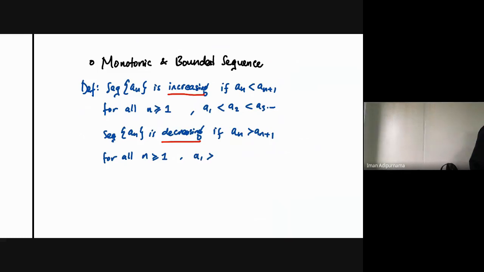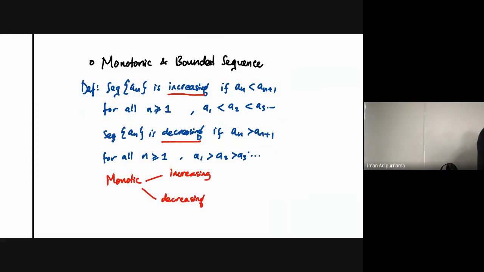So a_1 is greater than a_2, greater than a_3, etc. And a monotonic sequence can be increasing or it can be decreasing. Okay, monotonic.